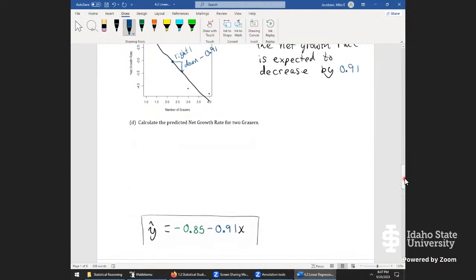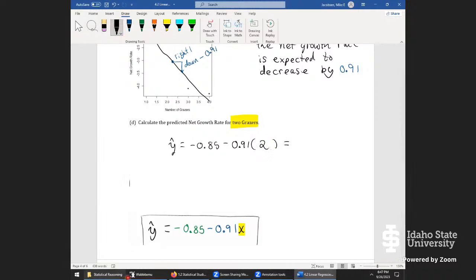So back down to this problem. Here's how this one goes. It's really just a calculator situation. Predicted net growth rate is y hat. It goes negative 0.85 minus 0.91. And inside here, we put in 2 grazers in place of x itself. So throw in the 2.